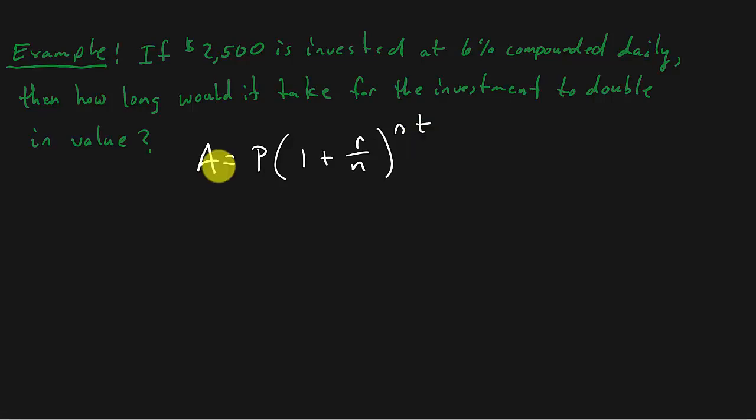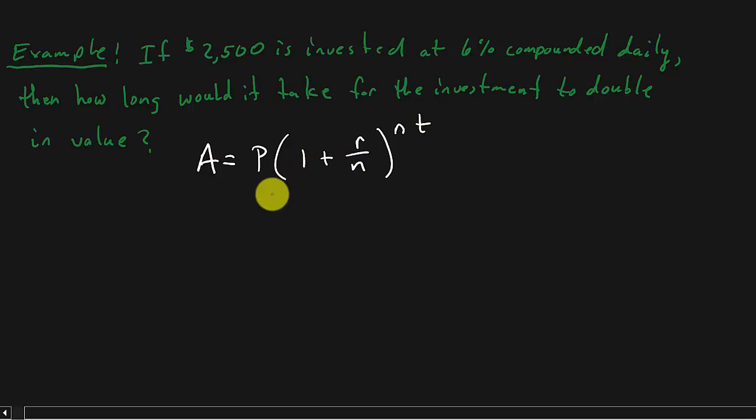So now we've got to plug in for everything else. Let me write this in a different color. So we've got P is 2,500. That's the amount invested. We've got R is 6%, so that's 0.06 in decimal. And N is the compounding period.